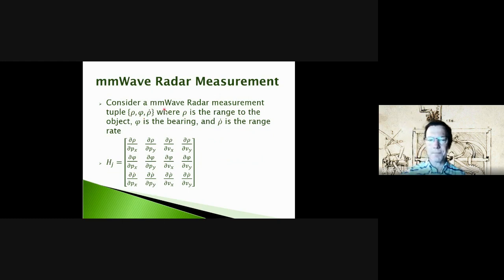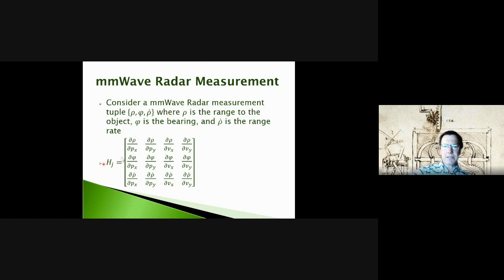If we have a Doppler, I should have maybe added in a millimeter wave Doppler radar measurement, then we can perceive how fast that object is moving relative to us. We call that the range rate in radar, right? So we've got three different variables here that we're measuring.